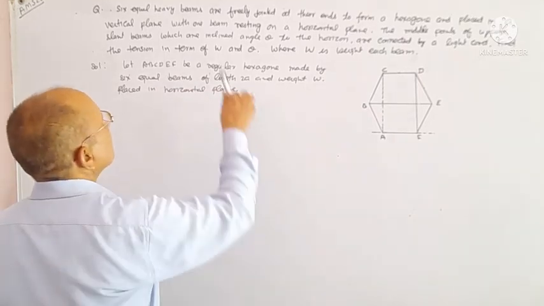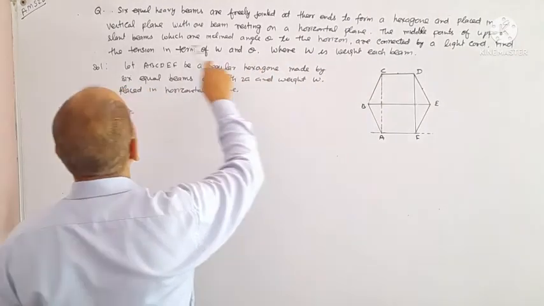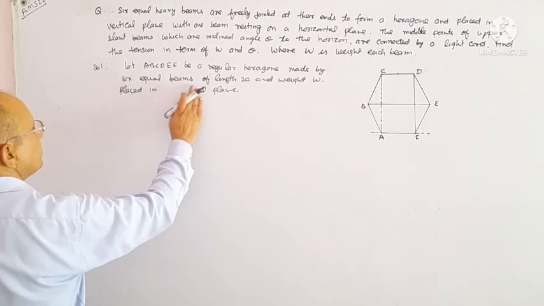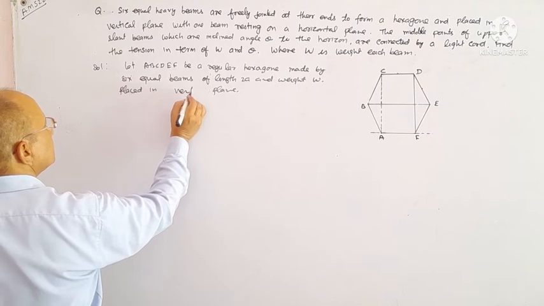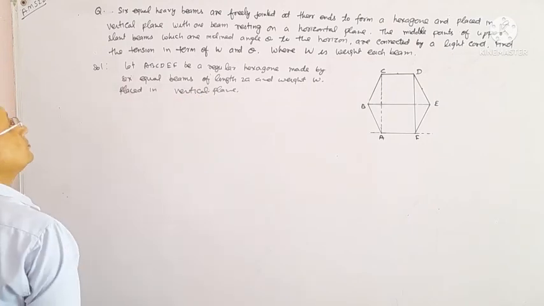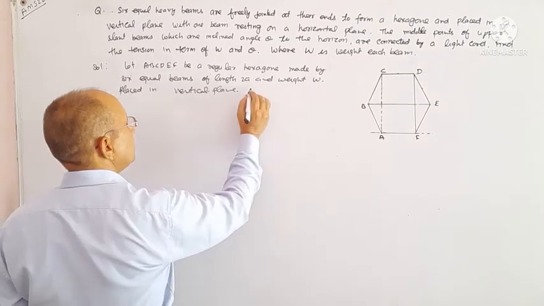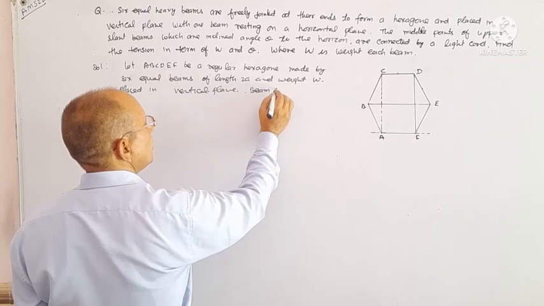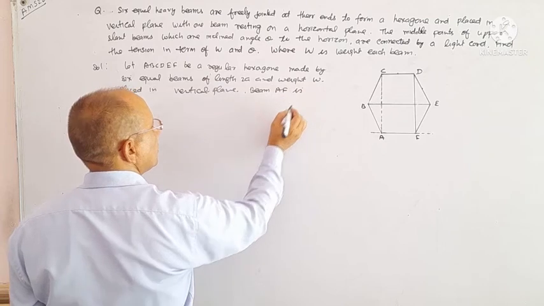AF. Vertical plane. Beam AF is horizontal.